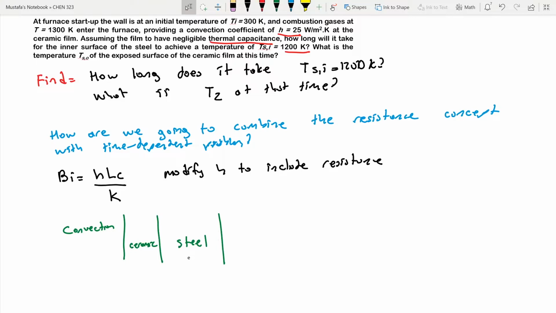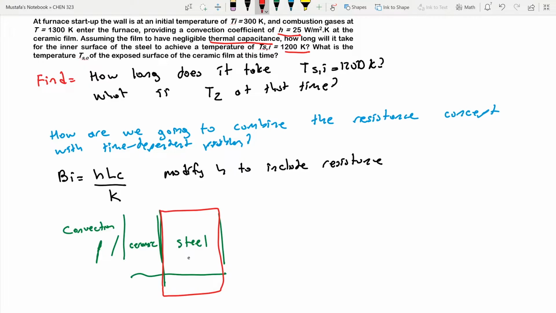So the convection is happening on the outermost surface. I'm choosing this as the control volume. Okay, steel is the control volume. I'm excluding ceramic in the system, so steel is the control volume.